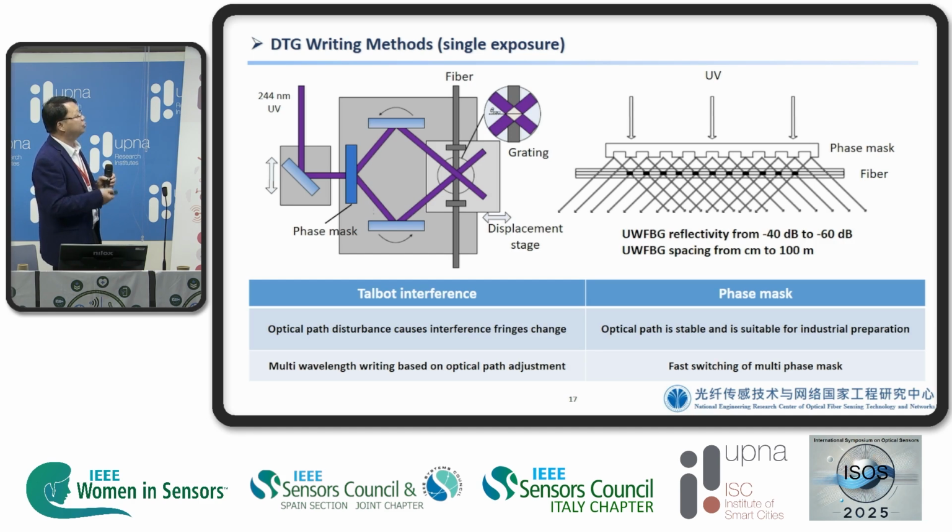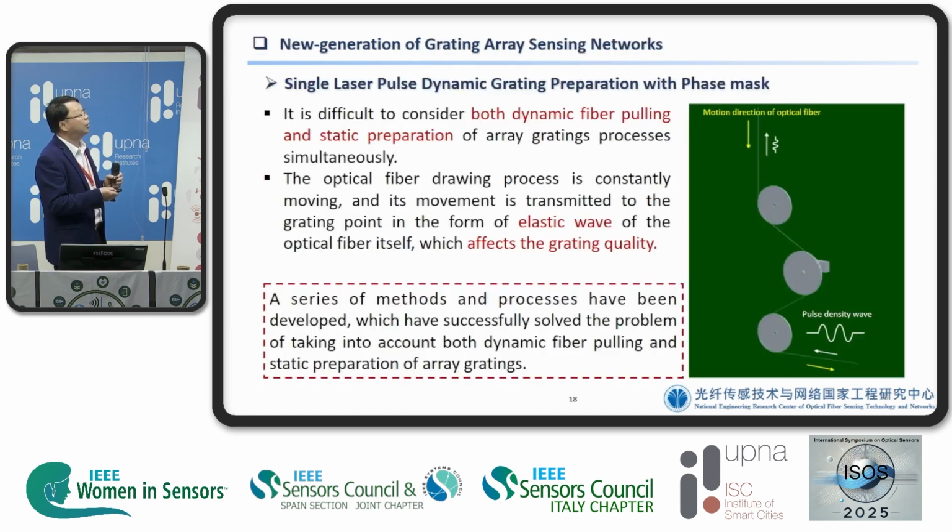For the Talbot technology, you have to make very precise the fringes and the movements of the mirrors. Otherwise, you cannot have a very good design. And later on, we use the UV laser phase mask technology, and then we can make the reflectivity very good for industry applications.